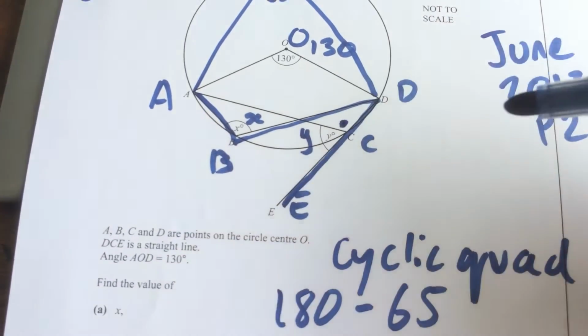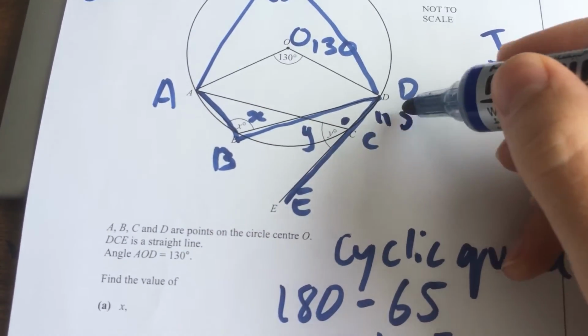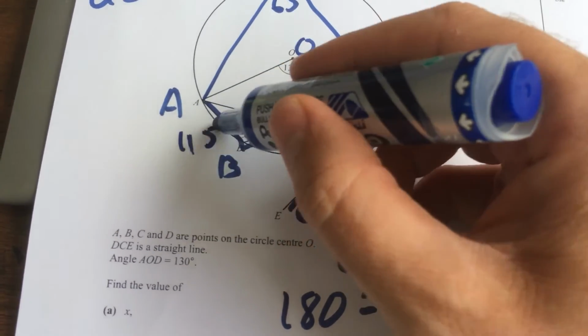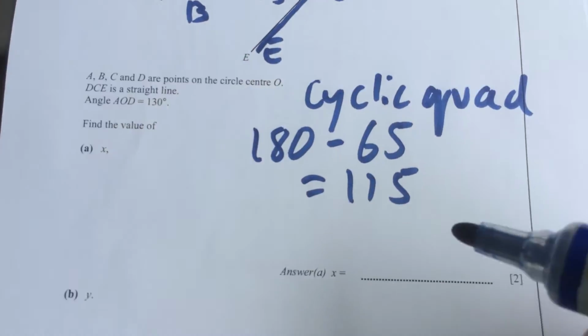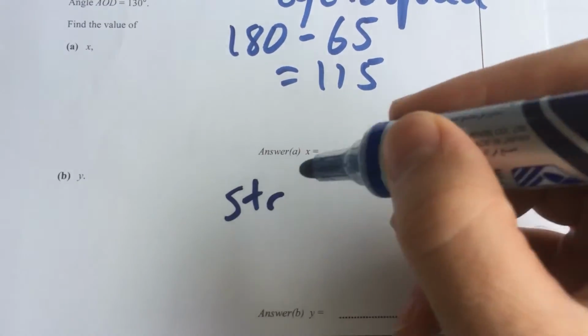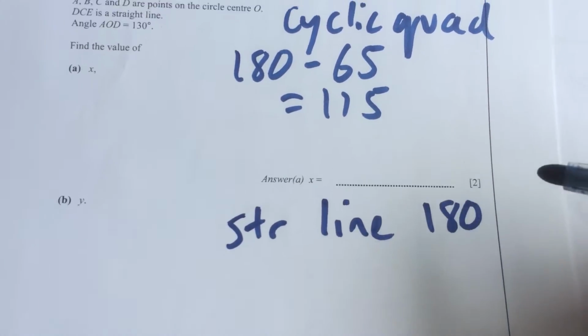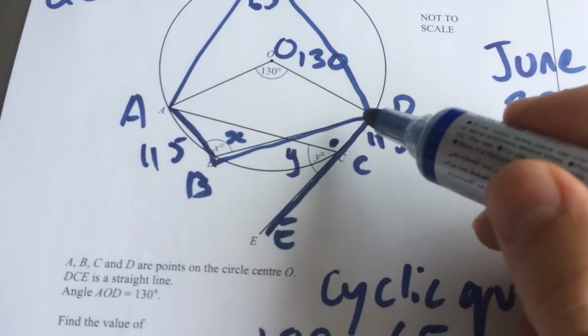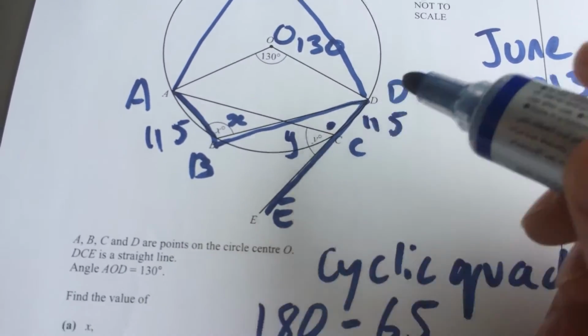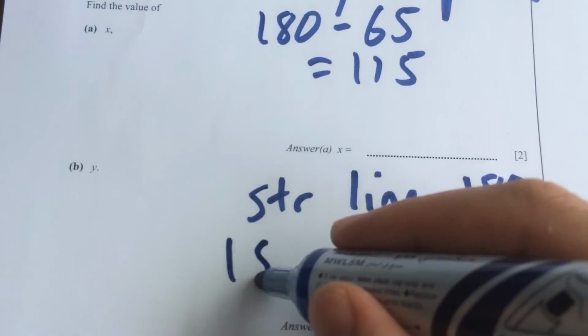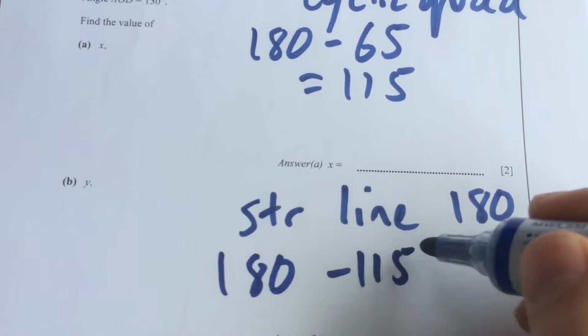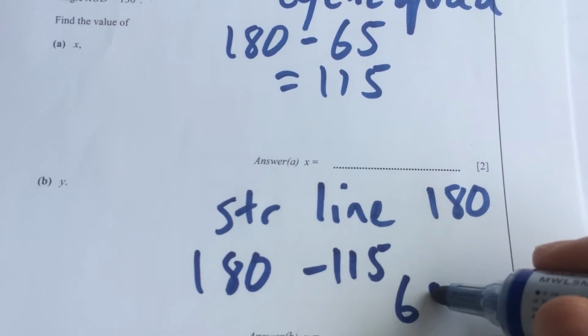So X and that point there are both 115. Then I can use angles in a straight line, add up to 180. So if I look at that again, angles in a straight line, 180 minus 115, and Y is going to be 65.